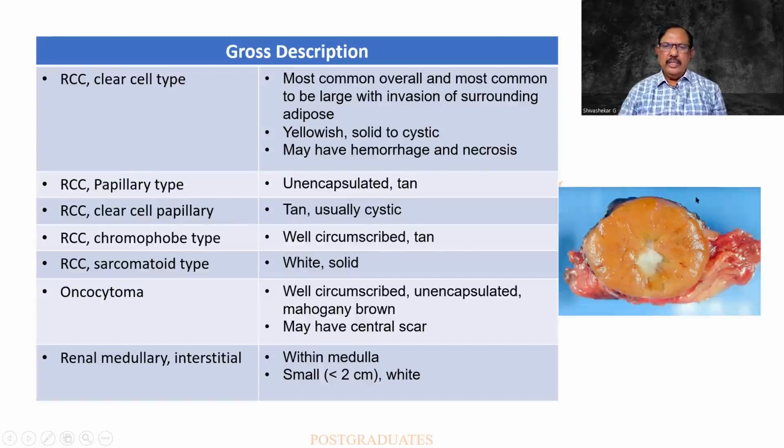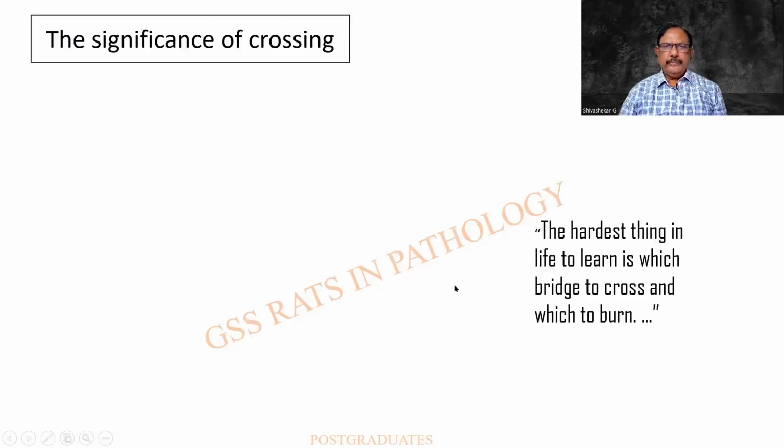So it is possible that this is either a chromophobe carcinoma or an oncocytoma, which is mahogany brown in color. Sarcomatoid tumors, on the contrary, will be firm, solid, and somewhat whitish. And in the medullary and the interstitium, we will have to look for small lesions within the medulla as well.